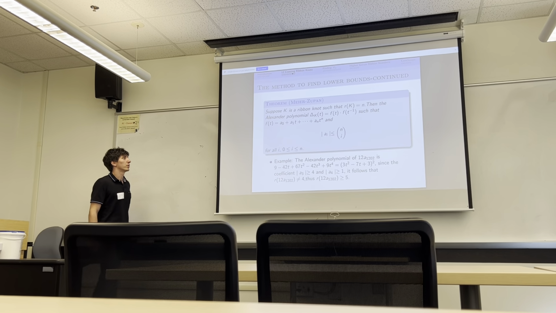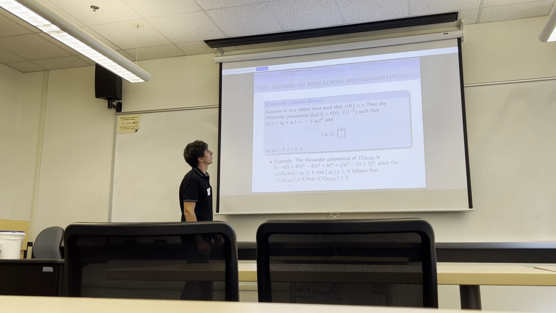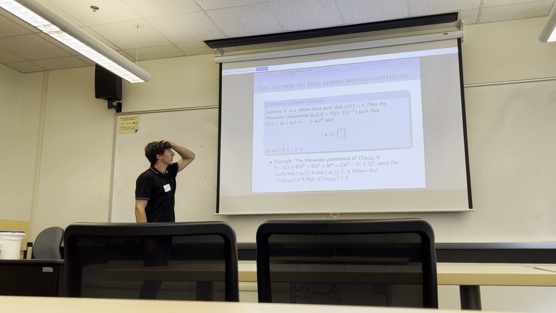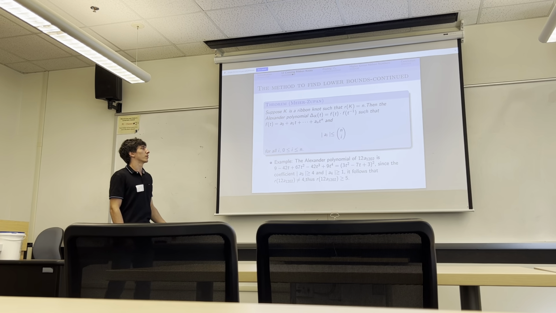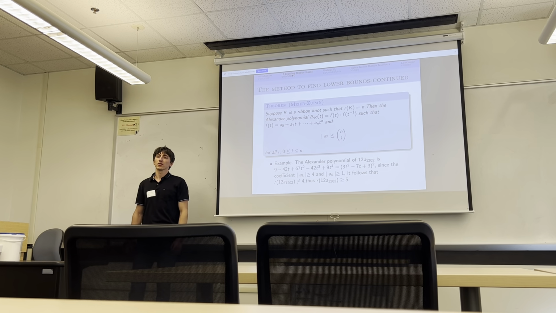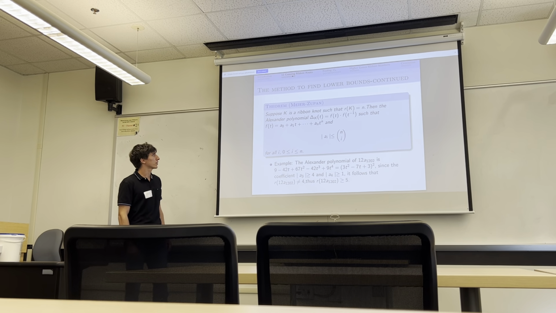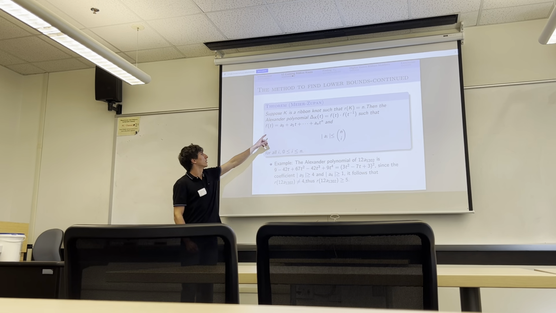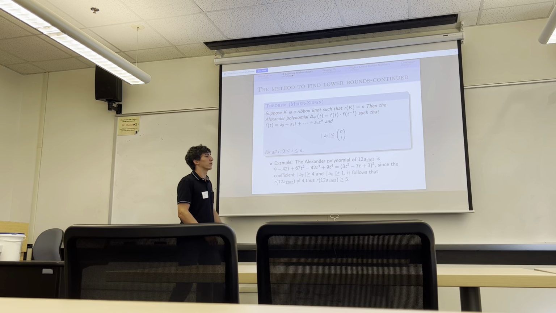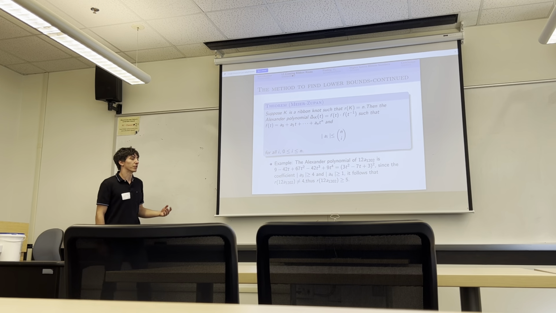And another important theorem we use to find some bounds is the theorem by Meyer-Zupin again, where whenever we have a knot K having the ribbon number equal to n, we can represent the Alexander polynomial of it as f(t) times f(t inverse), where f(t) has degree n, and the absolute value of each coefficient a_i has an upper bound of n choose i, where i ranges from 0 to n.